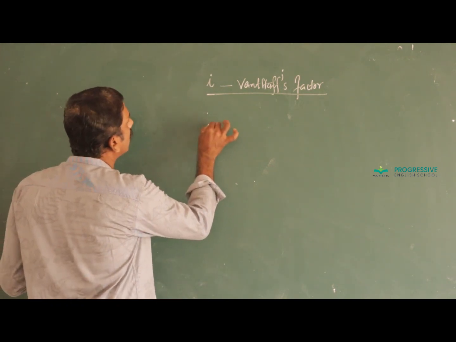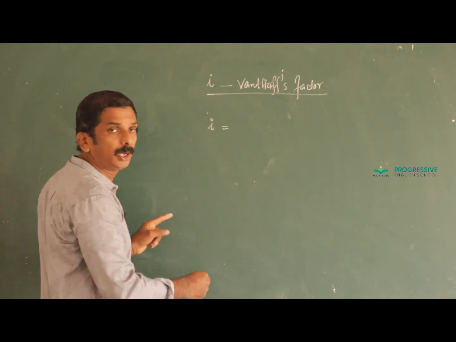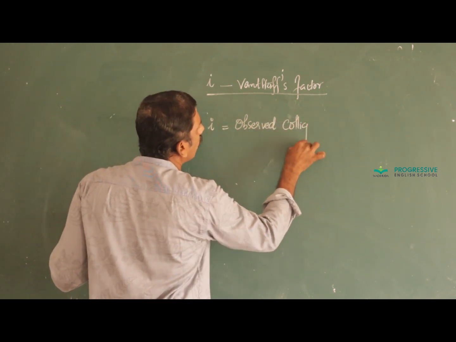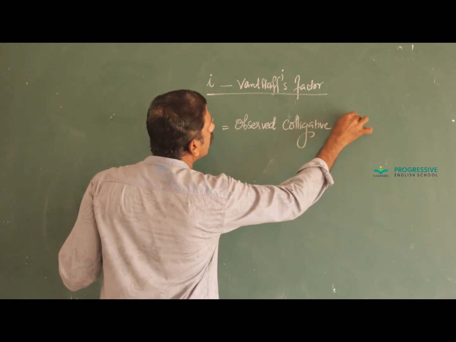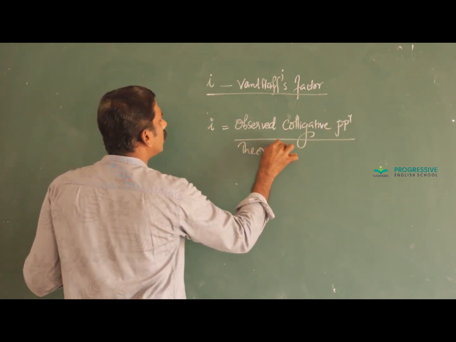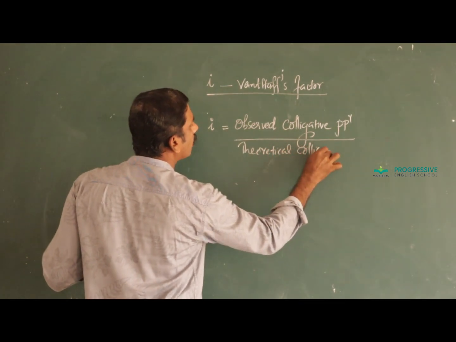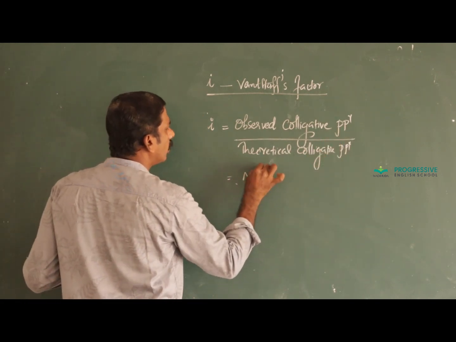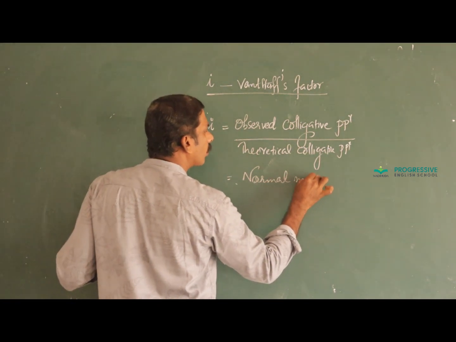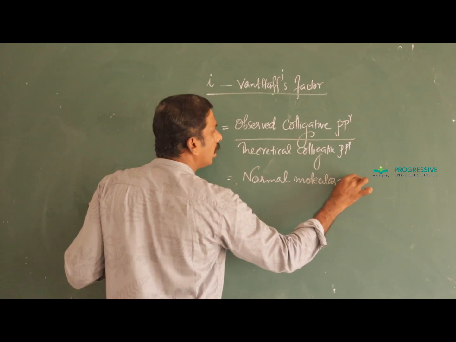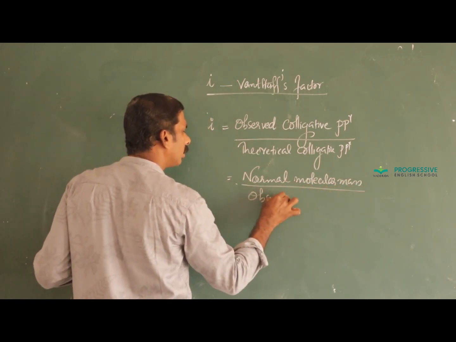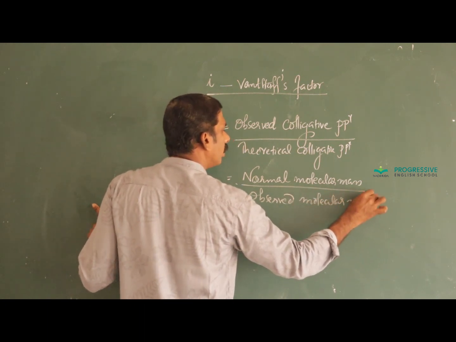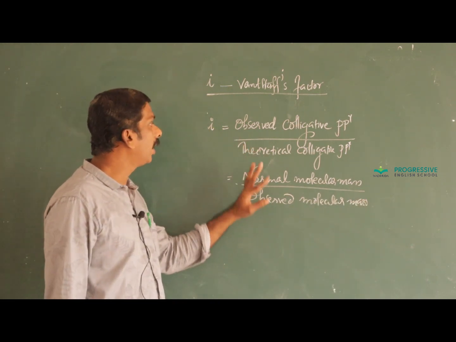The Van't Hoff factor is defined as the ratio between the observed colligative property divided by the theoretical colligative property, or it is also equal to the normal molecular mass divided by the observed molecular mass. Normal molecular mass divided by observed molecular mass.